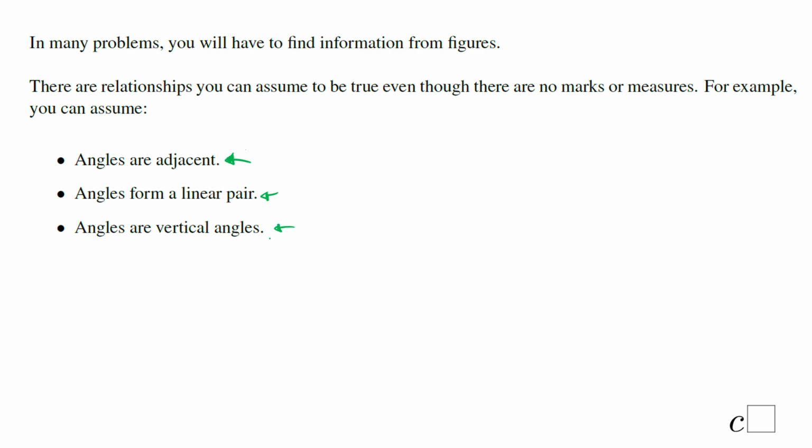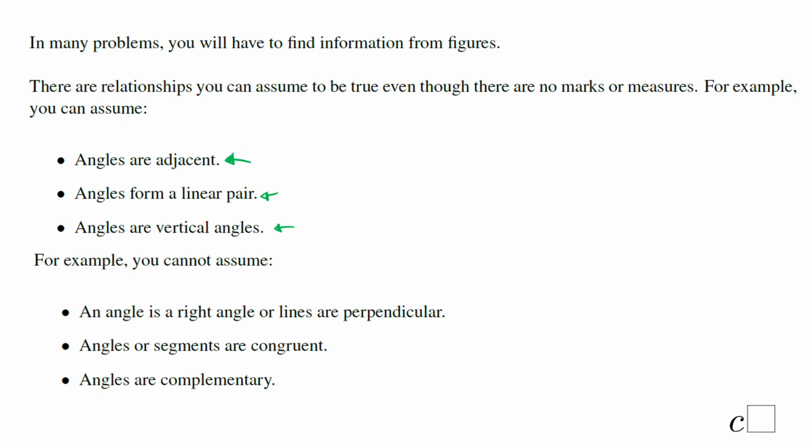In the previous problem the picture allows me to get this information. I can assume that information from the picture. However, there are things you cannot assume. You cannot assume that an angle is a right angle because it looks like it, or that lines are perpendicular. You cannot assume angles or segments are congruent or angles are complementary. They need to be marked on the picture in order to assume things like this. Other than that, don't assume.